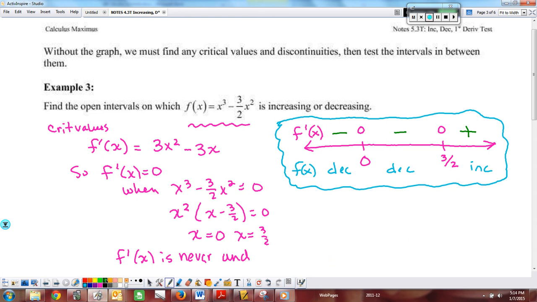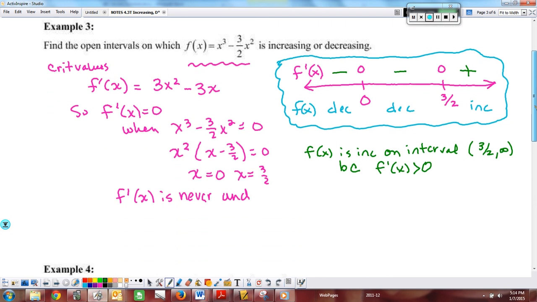What you must say in order to answer the question is f of x is increasing on the interval 3/2 to infinity because f prime of x was greater than 0. That's your answer with a justification, and your justification requires that you have calculus justification.